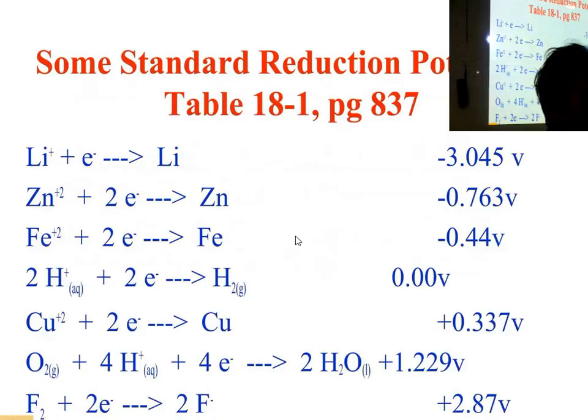Calomel, C-A-L-O-M-E-L, calomel electrode. Mercurous chloride, KCl, that combination. Mercury, you have a tube. At the bottom of the tube you have some mercury, and from the bottom you have passed one platinum wire.